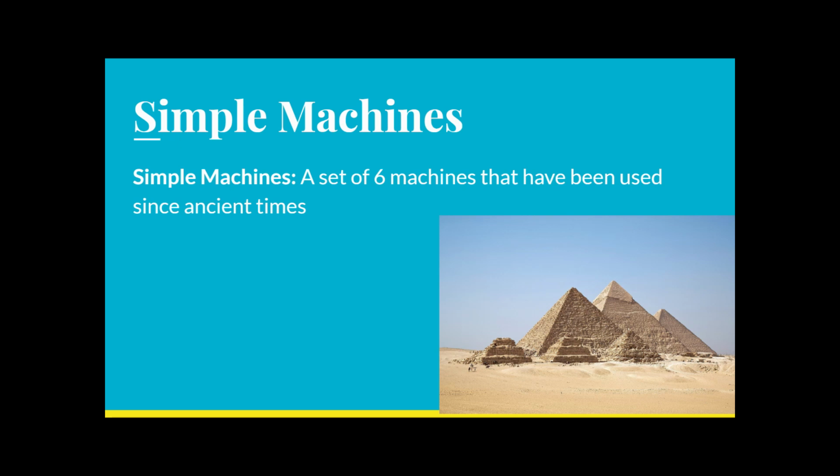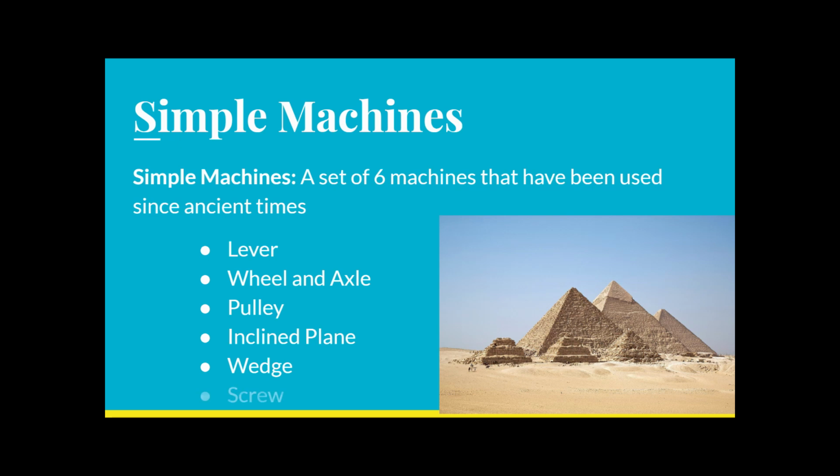So that means that these are machines that people have been using for 5,000 years straight. They consist of the lever, the wheel and axle, the pulley, the inclined plane, the wedge, and the screw. And we're going to be taking a look at all of these during this unit.